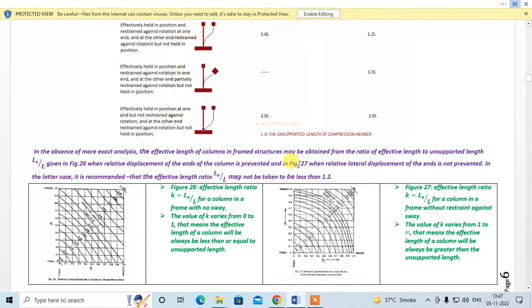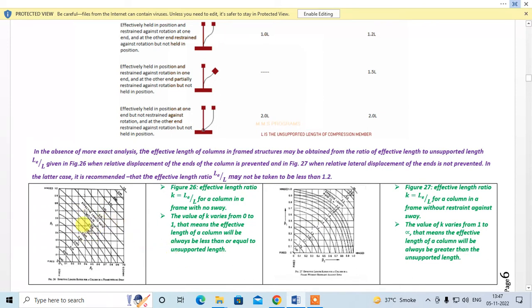And figure 27, when relative displacement of the ends is not prevented. So this figure can be used for finding k for a column with sway, right? In the latter case, it is recommended that the effective length ratio, that is Le by L, should not be taken less than 1.2. This is very important.